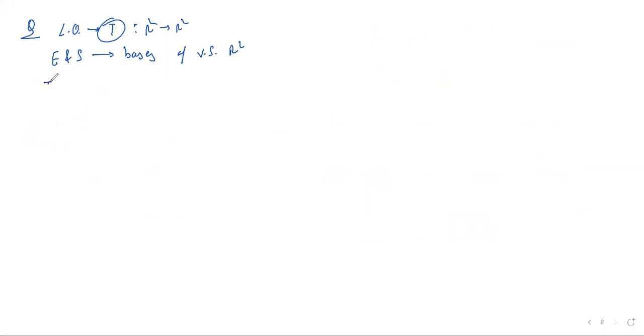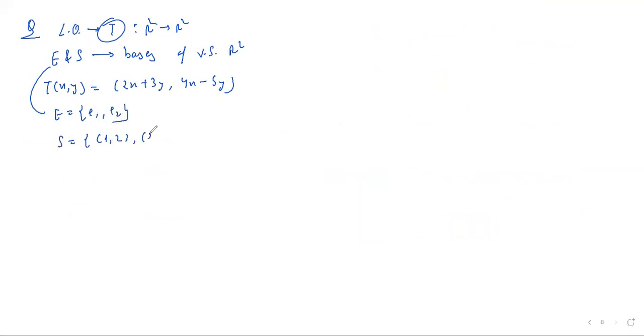The transformation T of x comma y is defined as (2x plus 3y, 4x minus 5y), where E is E1, E2 and S is (1, 2) and (2, 5). What will be my matrix A relative to basis E? That would be 2, 4, 3, minus 5.